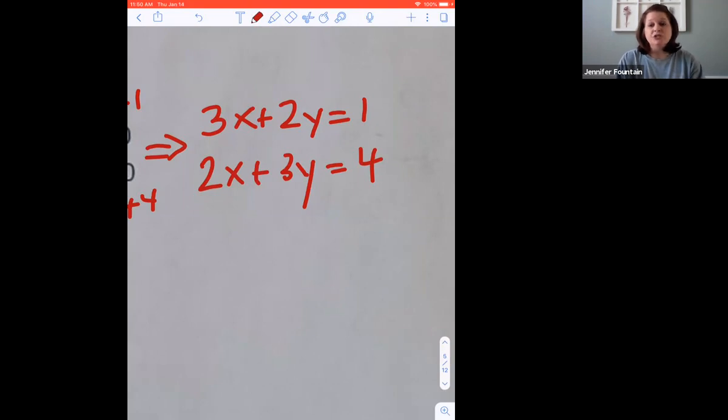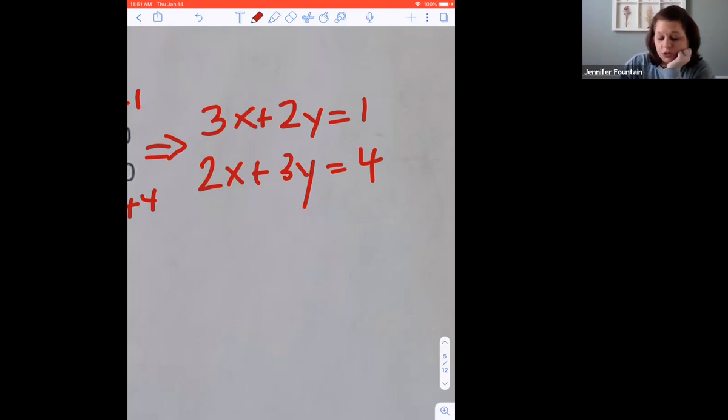So in this situation, I have to multiply both equations by a number to make my opposite terms. So I'm working with 3 and 2. What's 3 times 2? That's going to be 6, right?